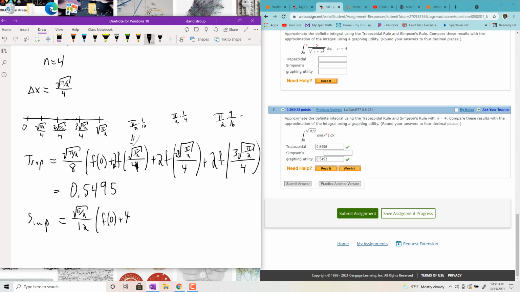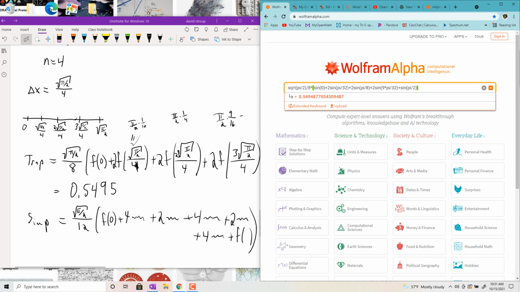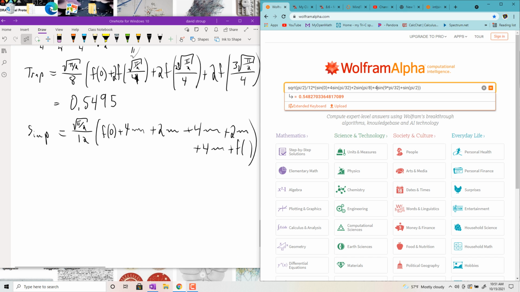So it'd be 4, plus 2, plus 4, plus 2, plus 4, plus f of whatever. So I have to change the 8 to 12, and go through and change these coefficients. If you're doing computer programming, you could write up the code and then just hit enter all the time and have your answers. I'm not that advanced at computing, doing code and stuff.